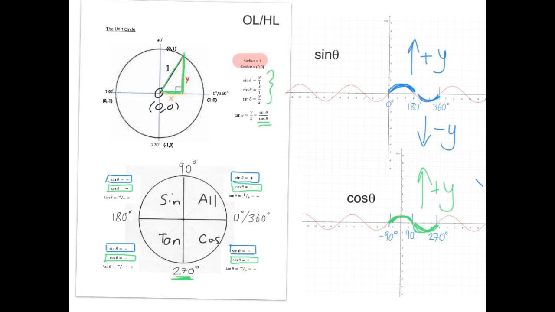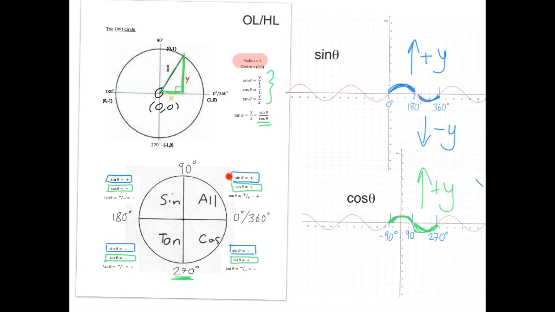Then all we need to do is use this rule up here, that tan is sine divided by cos, to work out where tan is positive and negative. We see that in the first quadrant, where we have this A, tan is going to be a positive number, sine, divided by a positive number in cosine, which yields a positive result.